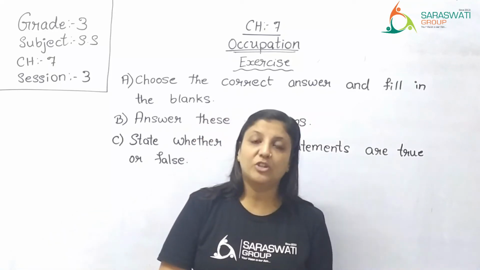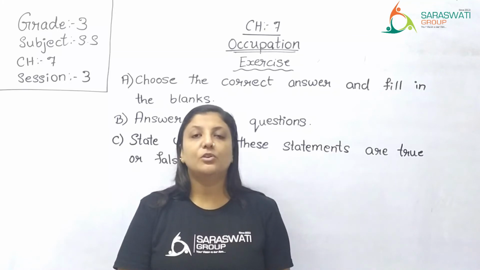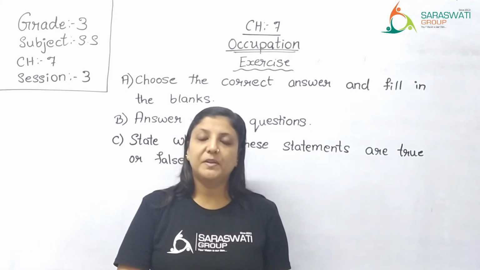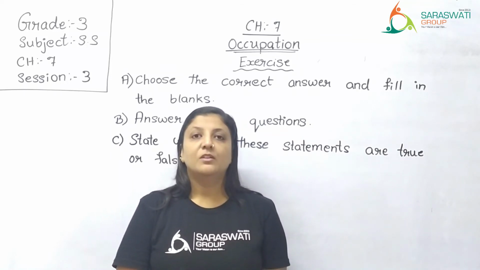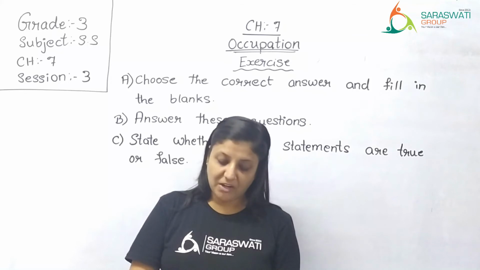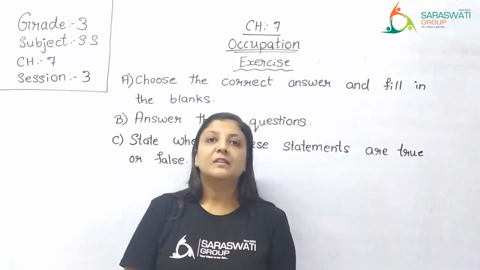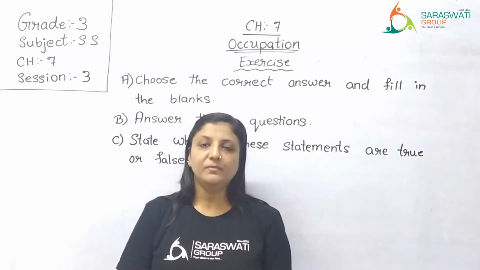So what education do you have? What are your skills and what are your needs? These 3 points you have to keep in mind while choosing your occupation. So what is the answer? People choose an occupation according to their education, skills and needs.